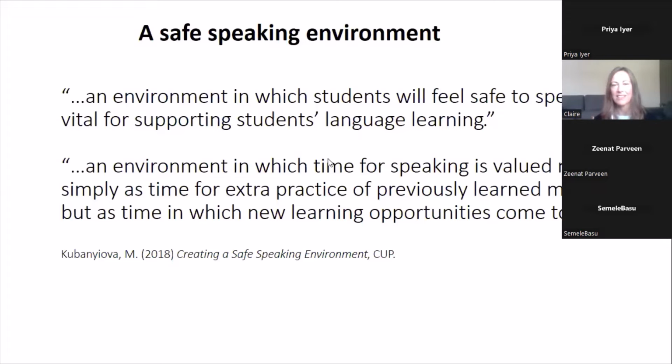Key point. It's not just practicing what they've learned before, but it's a time of opportunity. And those are the best tasks, aren't they? Where the students are really communicating, and as well as reproducing what they know, there are opportunities and there's a need for new language too. And that's where you can help them to develop.